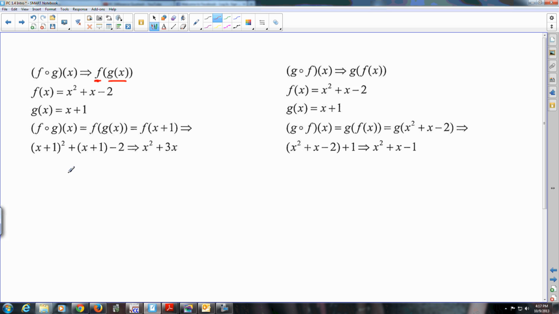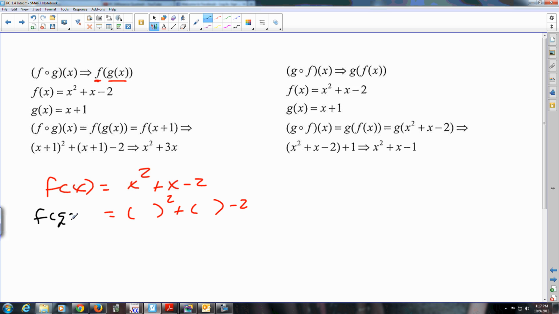Foolproof. Never fail. If f of x is x squared plus x minus 2, and I'm looking for f of g of x, write your function first without the variable, parenthesis in its place. Then worry about what you're filling into it. I want to find f of g of x. So fill in g of x wherever there's the parenthesis.